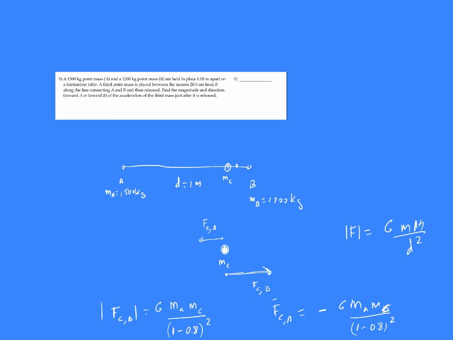I don't know which one is the bigger force. If this is bigger, the acceleration will go to the right. If the other one is bigger, the total force will be in the negative direction and the acceleration will be to the left. The only way is to calculate the force to the right and to the left.